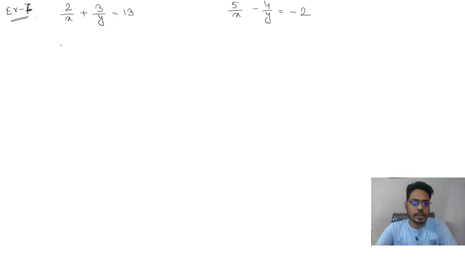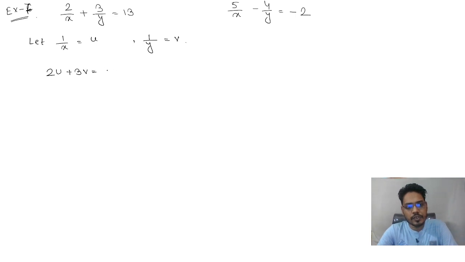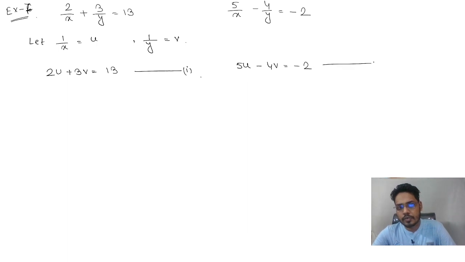So now you can assume that 1 by x is equals to u and 1 by y is equals to v. So 2 into 1 by x, that is 2u, plus 3 into 1 by y, that is 3v is equals to 13. And that should be your equation number 1. Now 5 by x means 5u, minus 4 by y, that means 4v is equals to minus 2. That will be equation number 2.